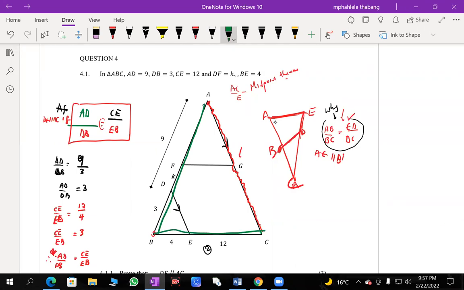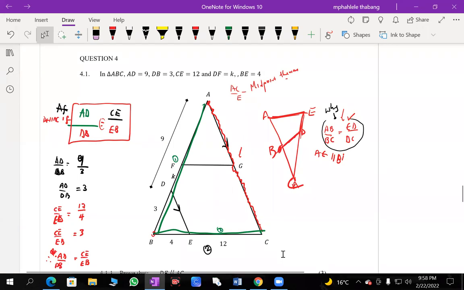So you apply proportionality based on these two sides. For example, DE is parallel to AC. What are the other sides, AB and BC?